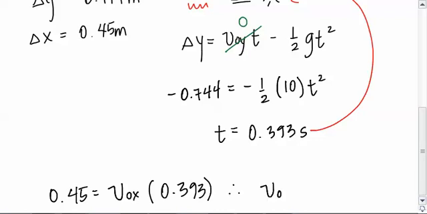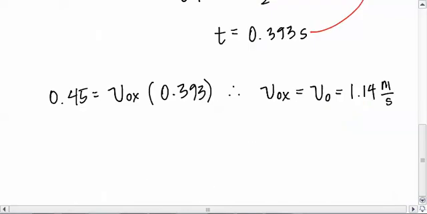Therefore, our velocity in the x direction, which is the initial velocity, would be 1 point, what'd y'all get? 1.137, so like that. 1.14 meters per second.